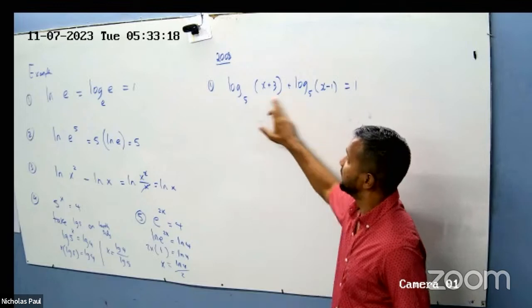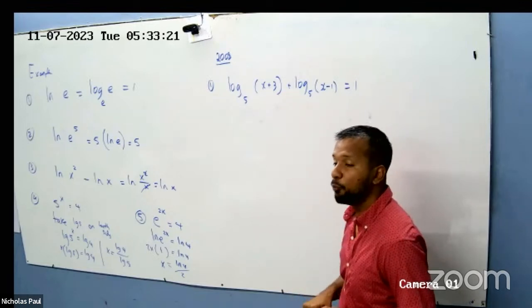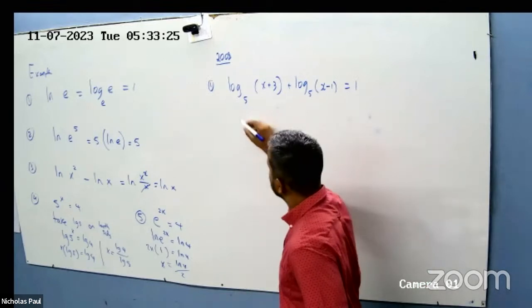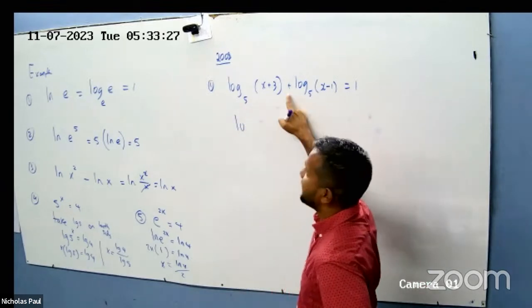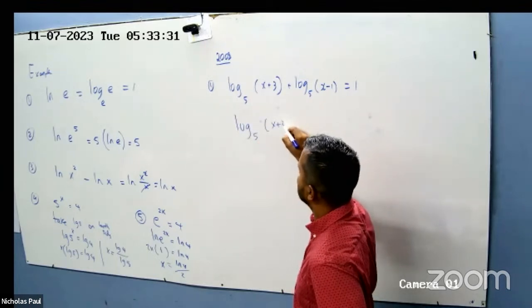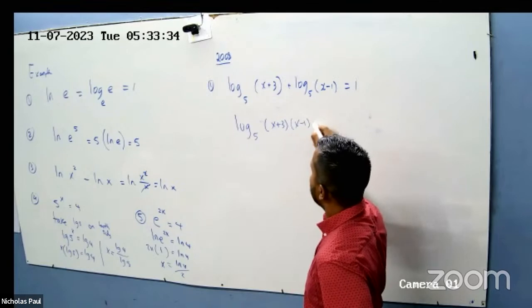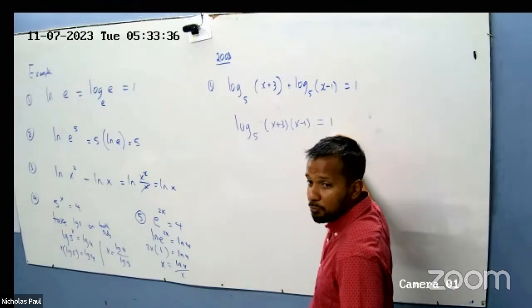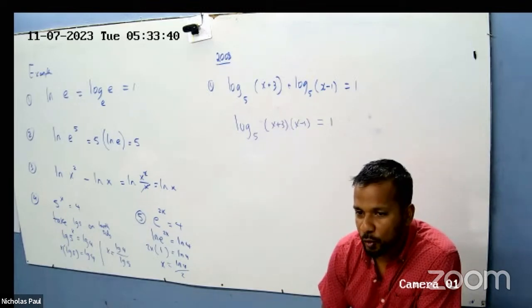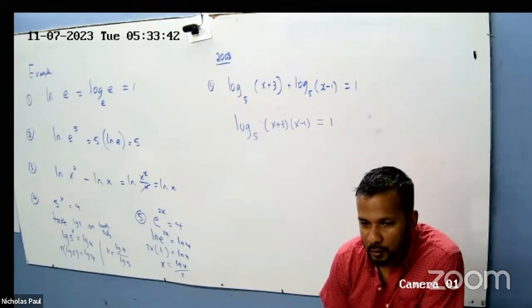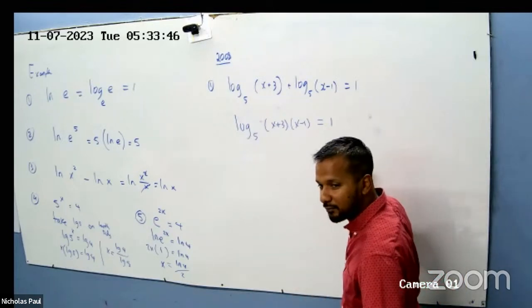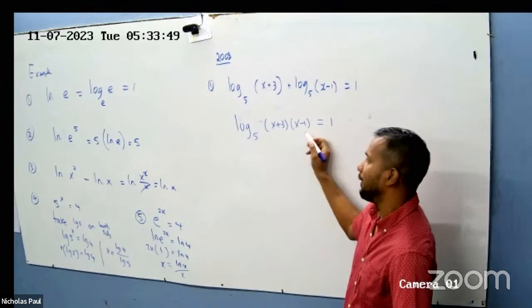Same base. So we have the same base addition sign, so it will be log to the base 5 of x plus 3 times x minus 1 is 1. Right? When I reach here, what to do? Expand.